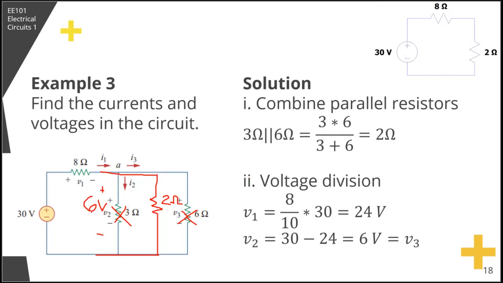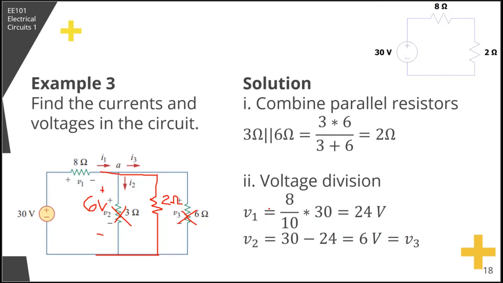So nagpasabot na siya nga ang voltage across kay 3 ohm ug kay 6 ohm kay 6 volts. Okay? Kung ibalik nato, wala na ning 2 ohm. Sa to pa kung 24 volts across kay 8 ohm, then across dire sa kining parallel nga mga resistors should be 6 volts, di ba? So V2 is 6 volts, V3 is 6 volts.